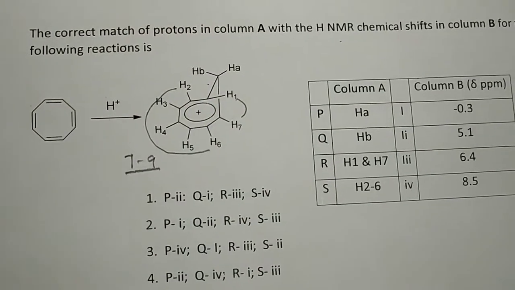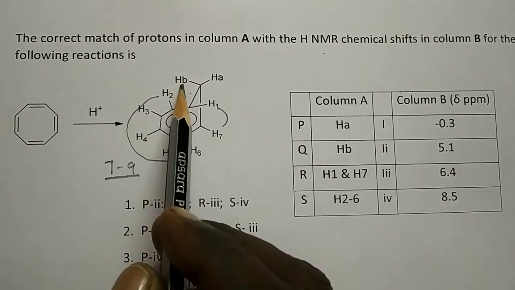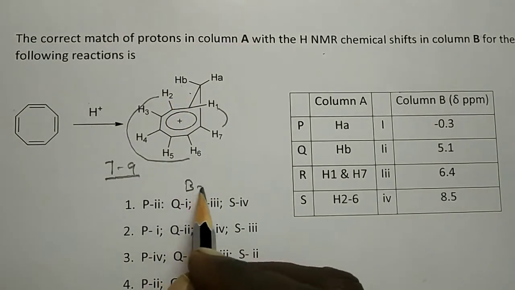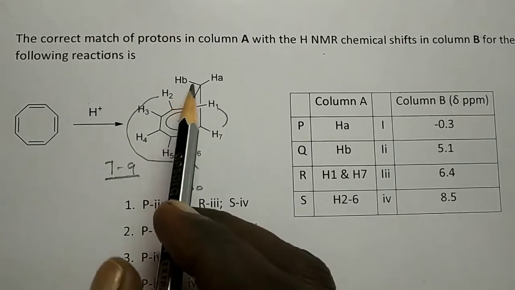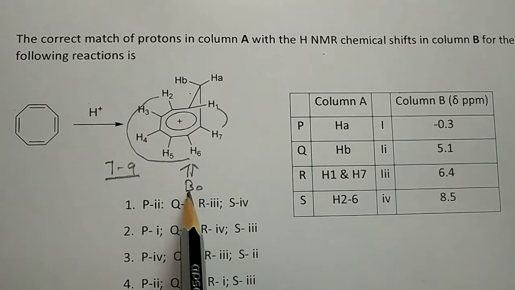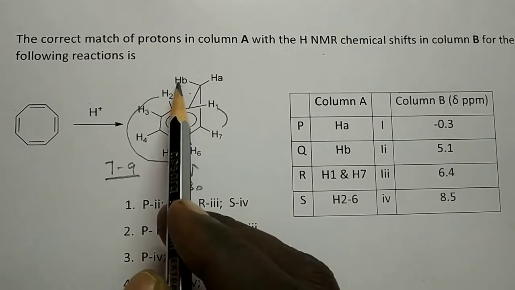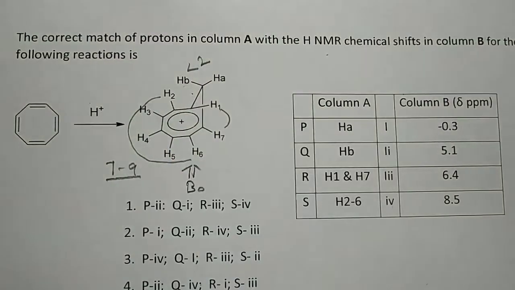They are supposed to give signals from 1 to 2 ppm. But this is exactly above the plane of the ring. If you apply the external magnetic field, the induced magnetic field generated by this HB will oppose the applied magnetic field, because this is in the diamagnetic zone. Since it is in the diamagnetic zone, it should be less than 2 ppm.